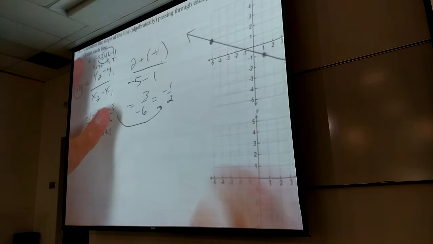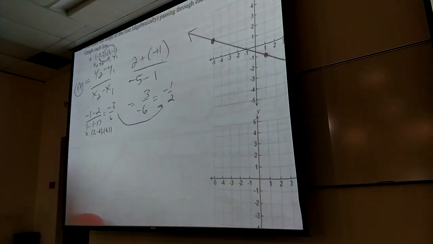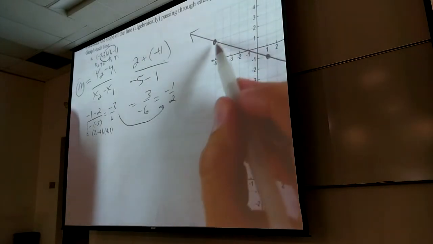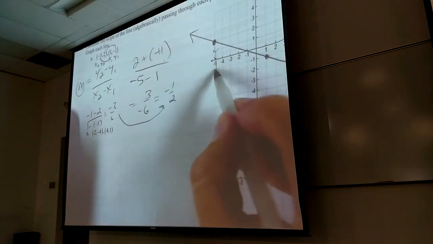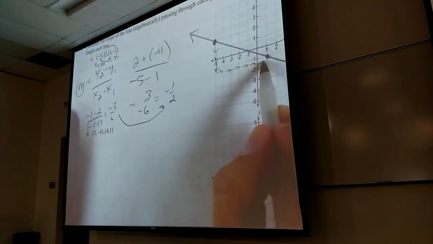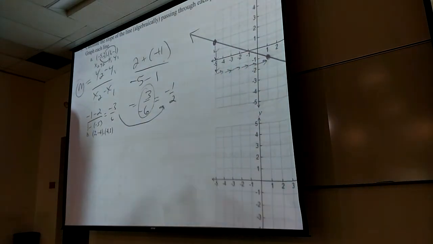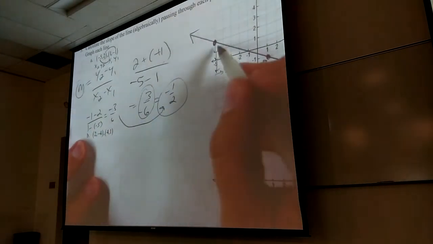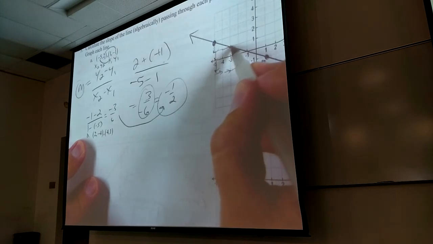Now I want you to see something. This is really neat. When slopes reduce, sounds like a really, really bad TV show. When slopes reduce, so look, down 1, 2, 3, right? And over 6. You with me? Ooh, that's amazing. But look, it reduced to -1 over 2, didn't it? So if I go down 1 over 2, oh, I'm back on the line.